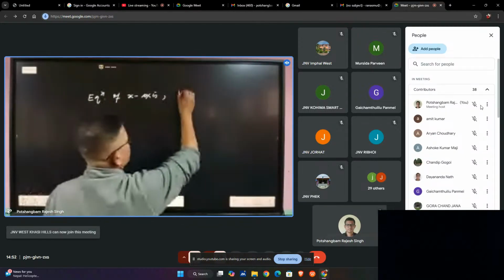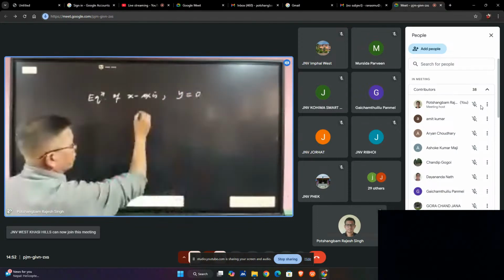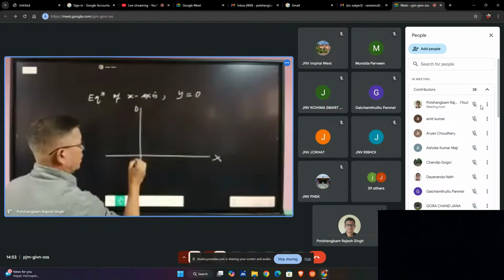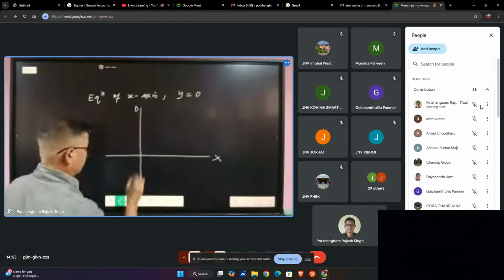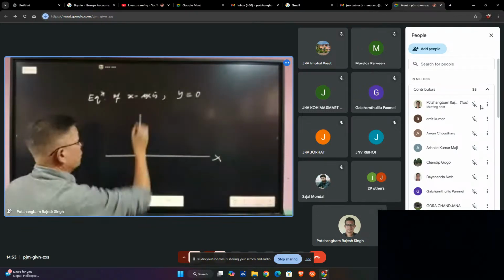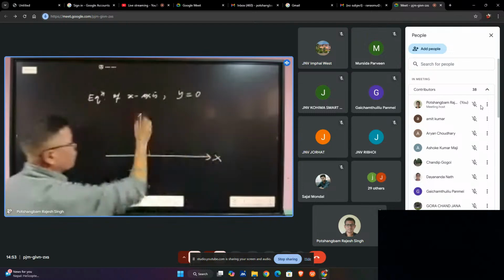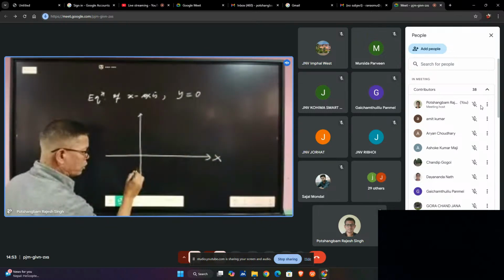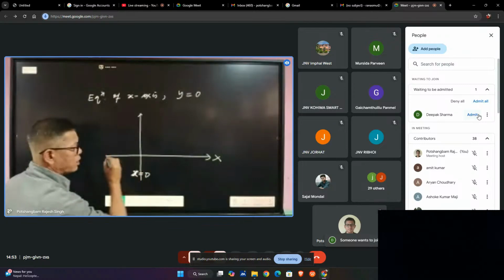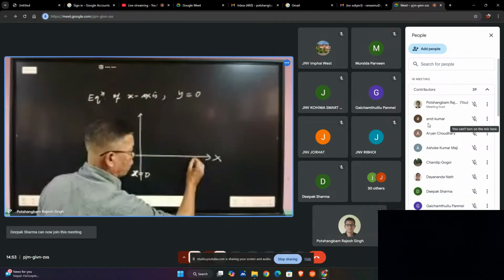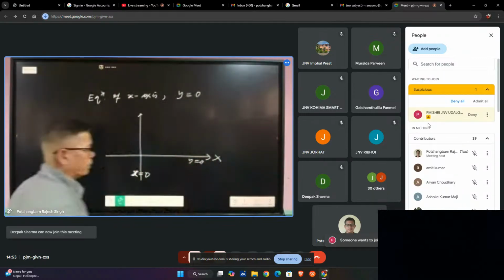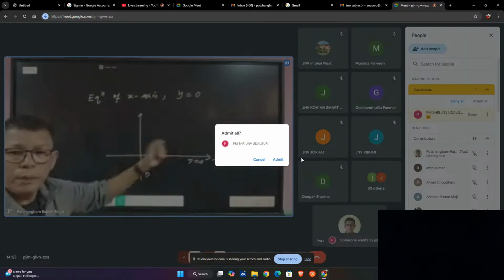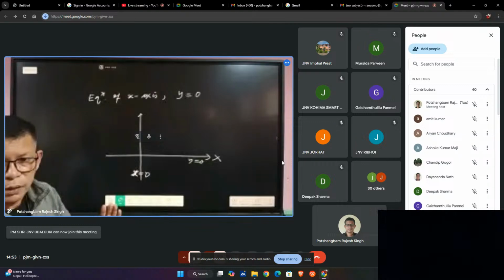In the Cartesian coordinate system, the y axis is represented by the equation x equal to 0, and the x axis is represented by the equation y equal to 0. Sometimes this equation may also be needed to make the boundary.